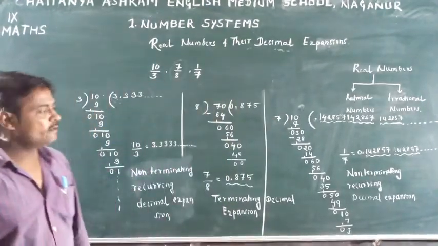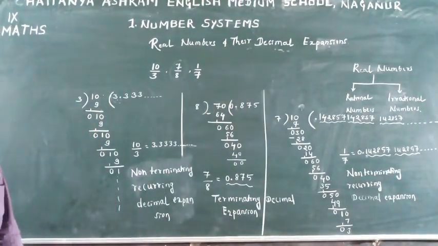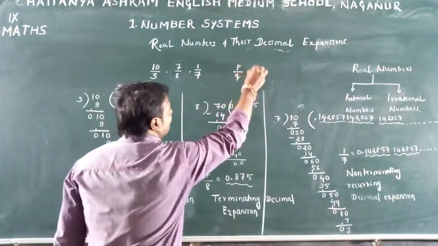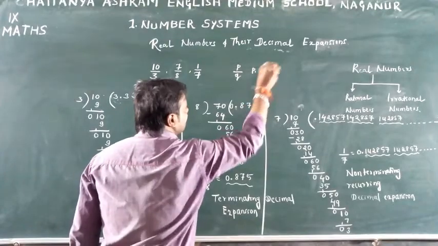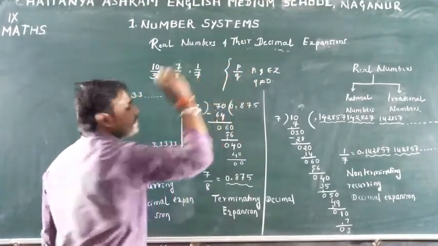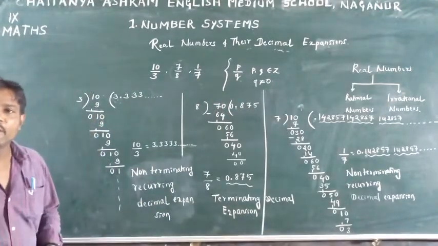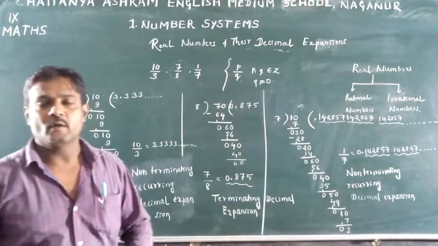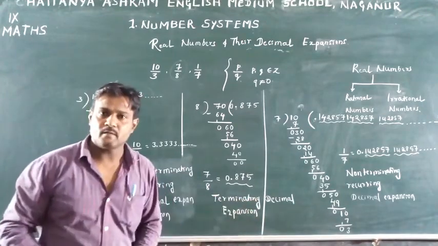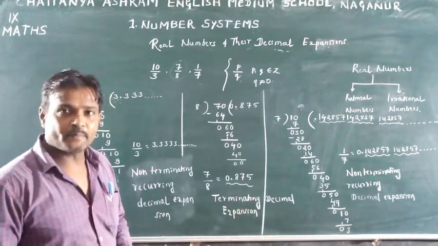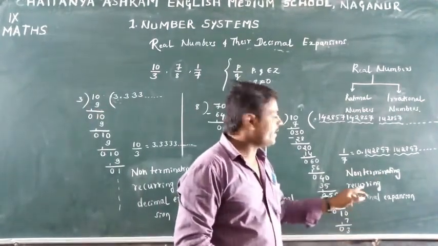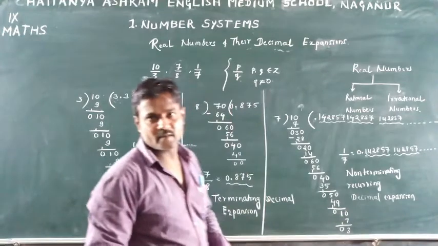Okay, dear children. So if you take any rational number in the form of p by q, where p and q are integers, q is not equal to 0, it has two kinds of decimal expansion. One is terminating decimal expansion, or another type is non-terminating recurring decimal expansion.